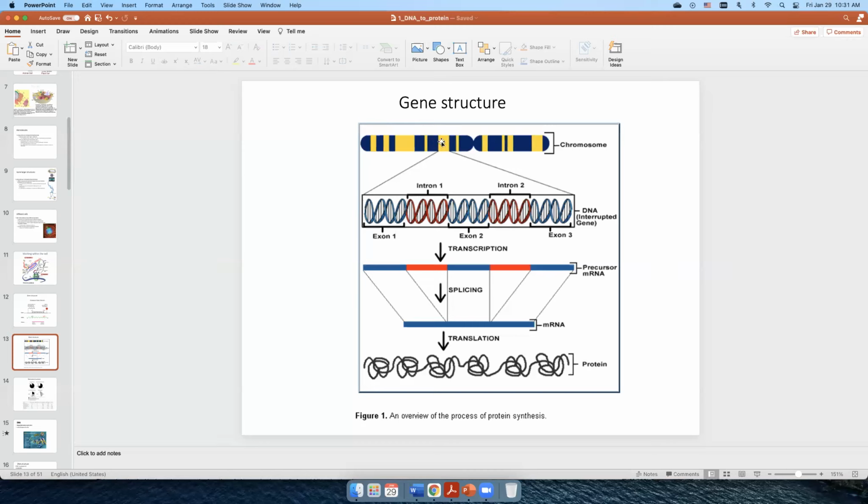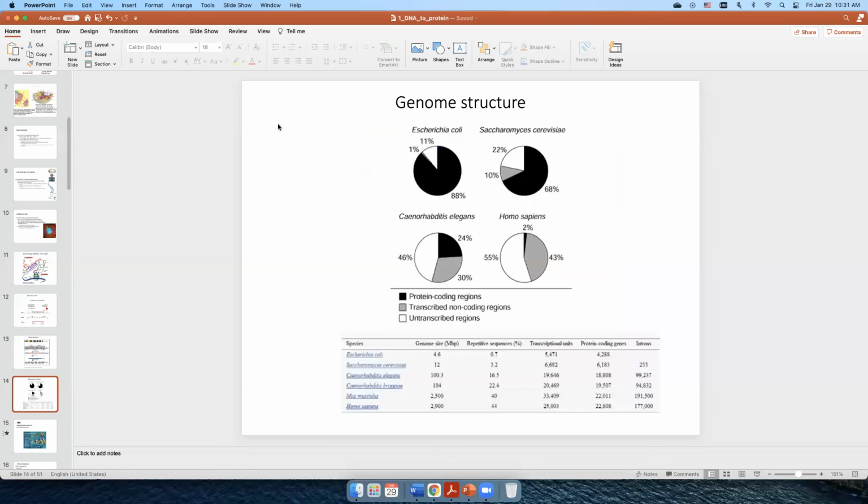And then even in the yellow part, everything is read by the precursor mRNA, but still part of that information seems useless, because this intron information will be cut and removed before it's used to make proteins. So it seems like there is a lot of useless information in the gene structure or in DNA.